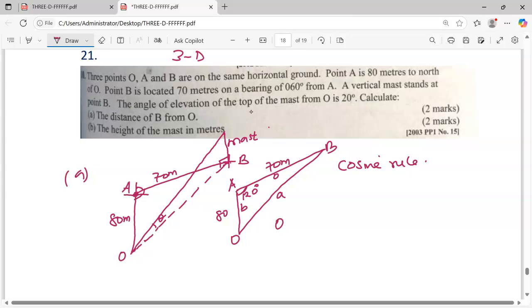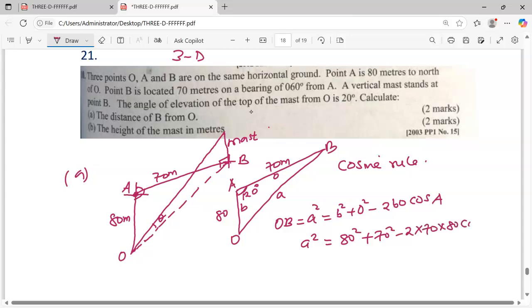Therefore, since we need OB, which is equal to a, using the cosine rule, we say a squared will be equal to b squared plus o squared minus twice bo cos of angle A. a squared is simply a squared because that is the unknown, which is equal to 80 squared plus 70 squared minus twice times 70 times 80 times cos of angle 120. a squared is going to be equal to, the whole of this is going to give us a total of 16,900, and this is equivalent to the value of a being 130 meters.